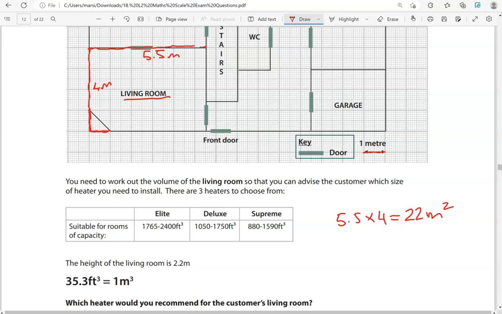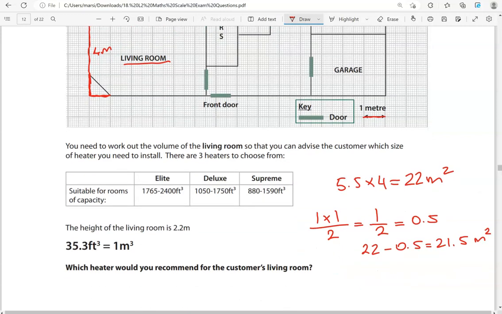So height times base divided by 2. So that is 1 divided by 2, which is half. So 22 take away 0.5 gives us 21.5 square meters. So we've got the area for the living room.